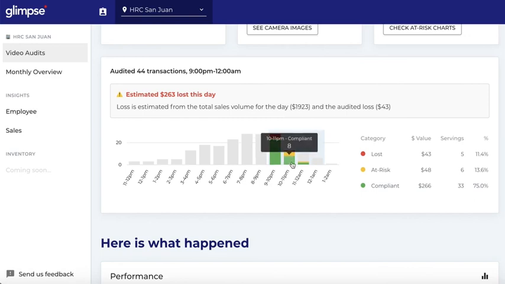We can see that between 10 and 11 p.m., in this case, we had fewer lost items. However, we had more items that were served or recorded late. And between 11 and 12, towards the end of this shift, you had fewer items that were at risk or lost. In this case, none of them were lost during that time period.